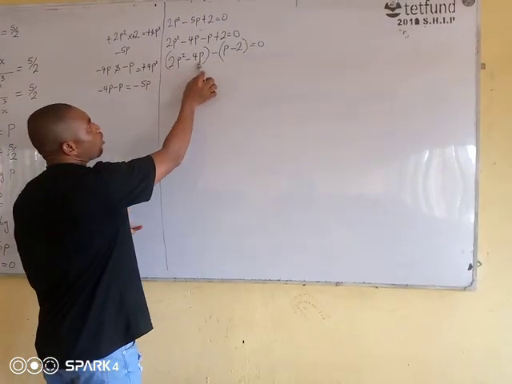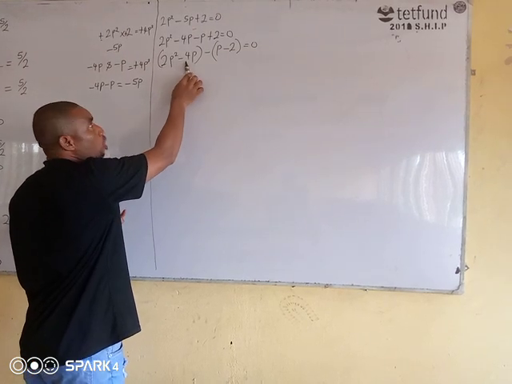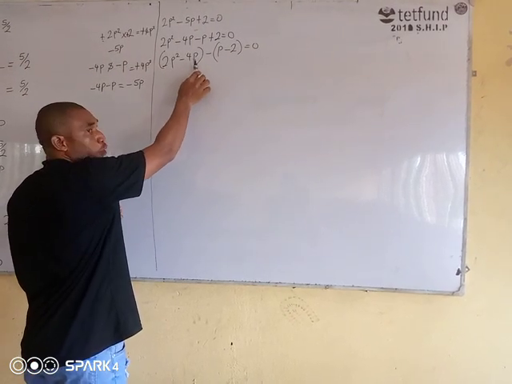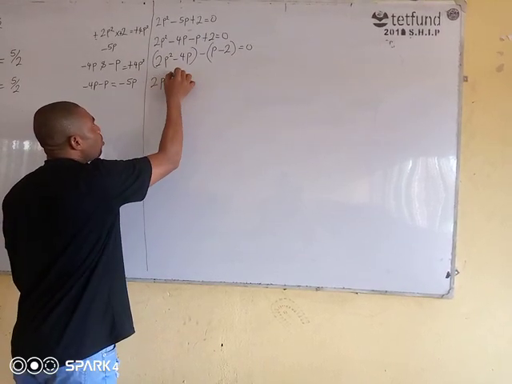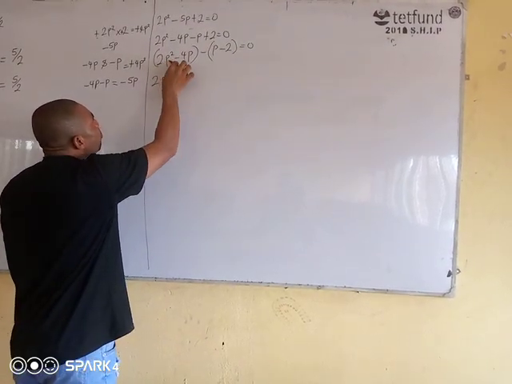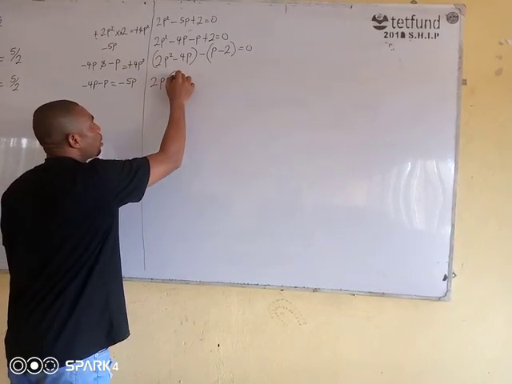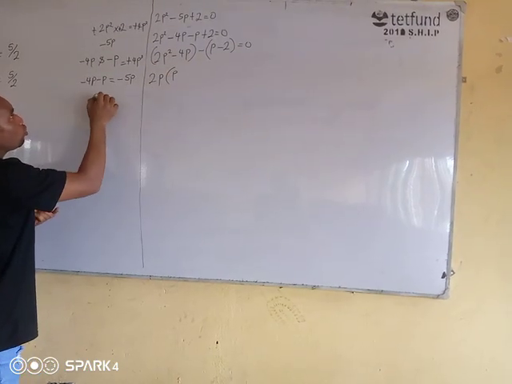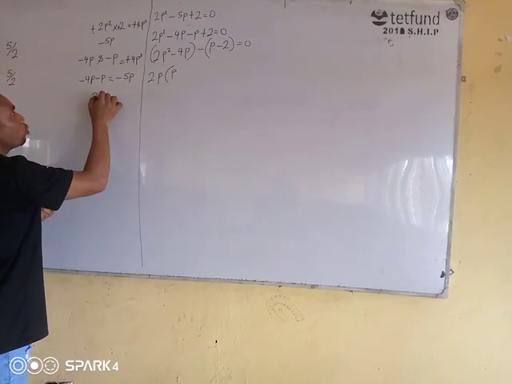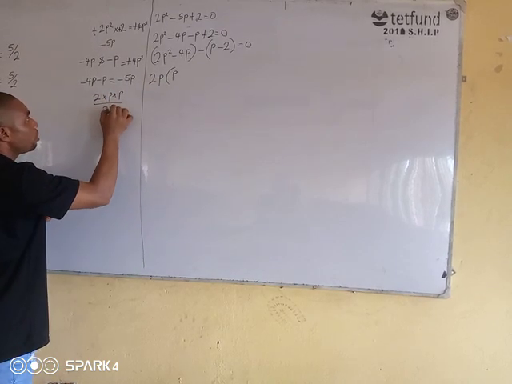Now, there are common terms here. What are the common factors here? The common factor of 2p squared minus 4p is 2p. Meaning I'm going to have 2p. Open up this bracket. 2p squared divided by 2p will give me p, because 2p squared is the same thing as 2 times p times p divided by this 2p.